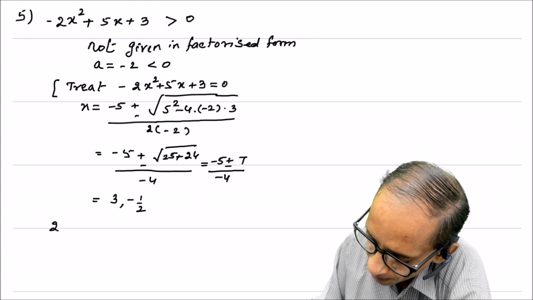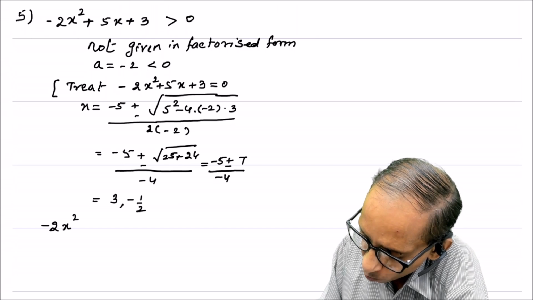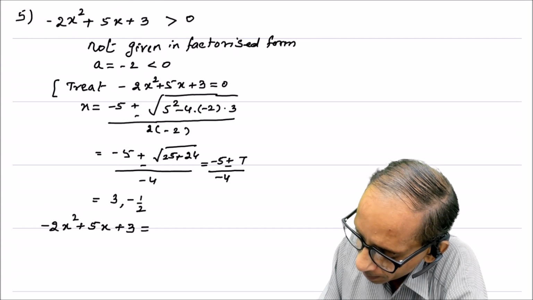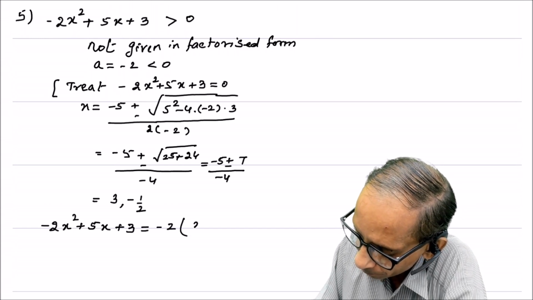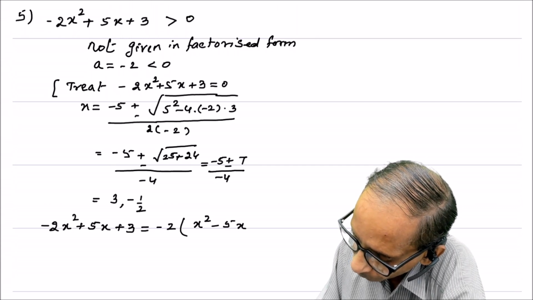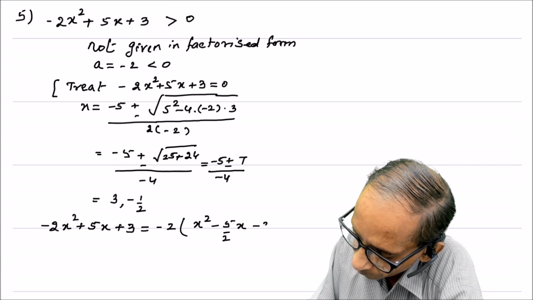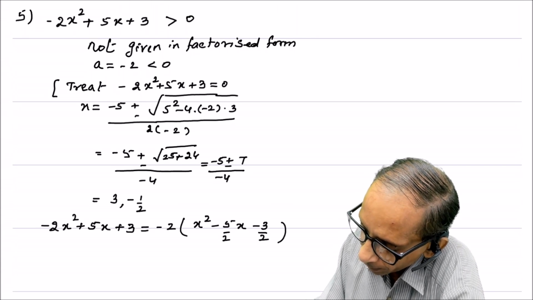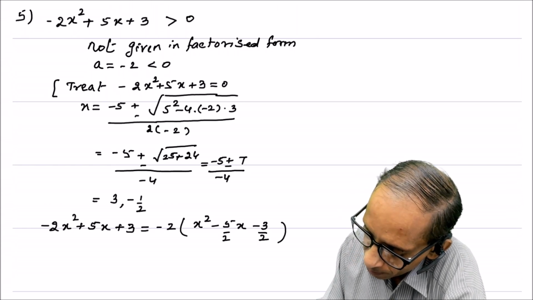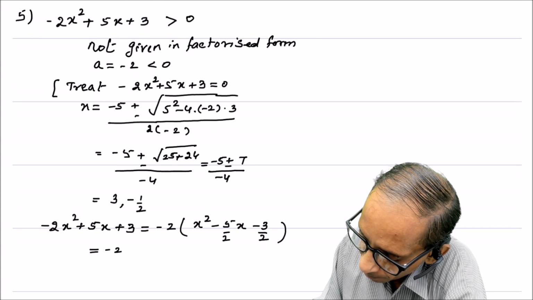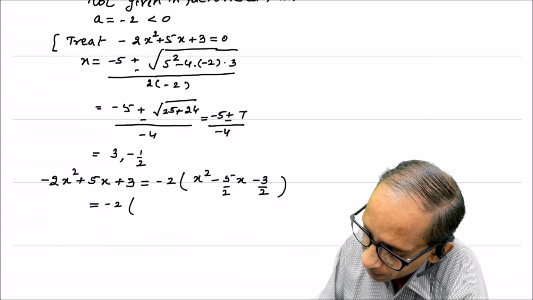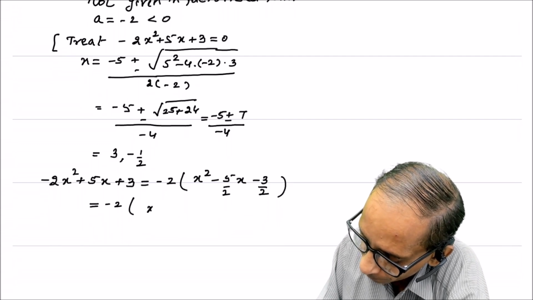So what we can say is that minus 2x square plus 5x plus 3, take that minus 2 outside. We are taking minus 2 outside, so we are balancing with minus 2 inside. So this becomes minus 2 times the quadratic inside the bracket, which will get factorized, not the entire quadratic straight away.